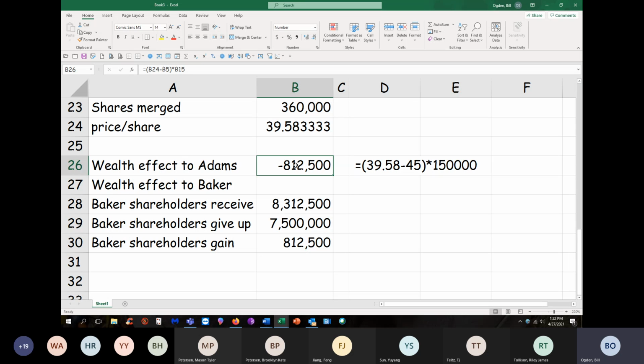A transfer of wealth from the current Adams shareholders to the former Baker shareholders. So we didn't create any new wealth here. We just simply transferred wealth from the pre-merger Adams shareholders to the pre-merger Baker shareholders, who are now Adams shareholders, aren't they? So there you go. It's what one gives up, the other receives.